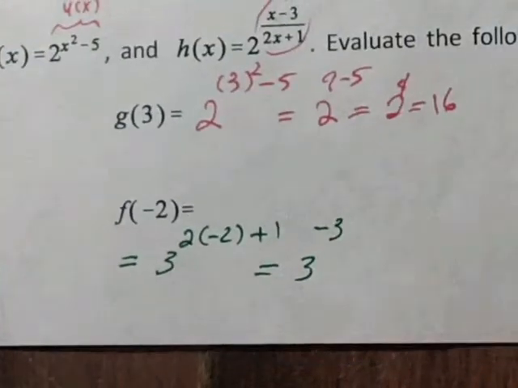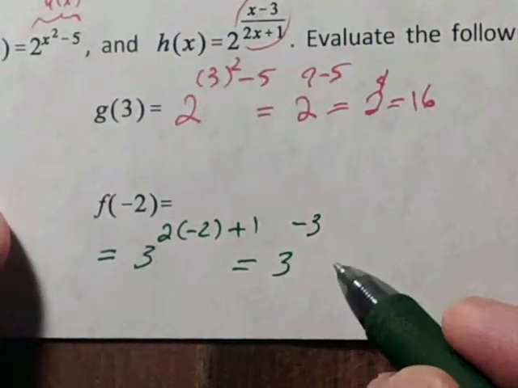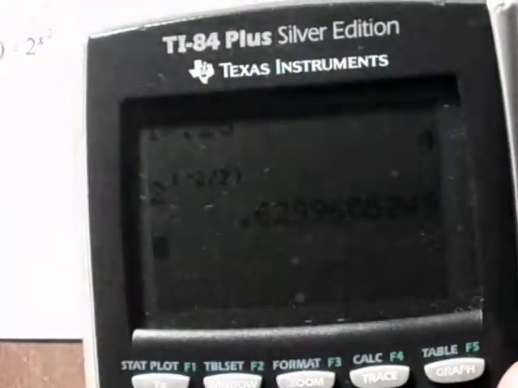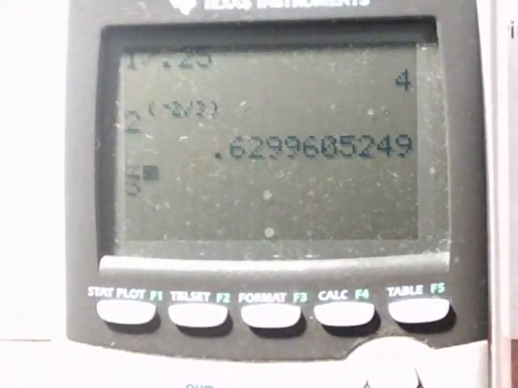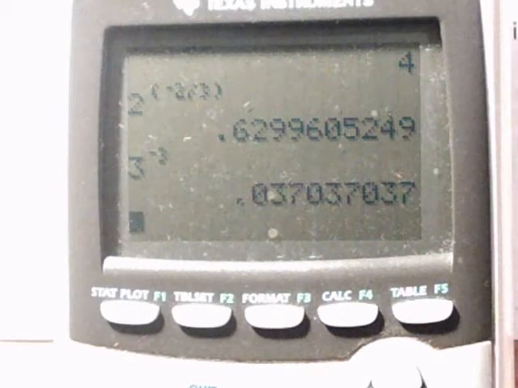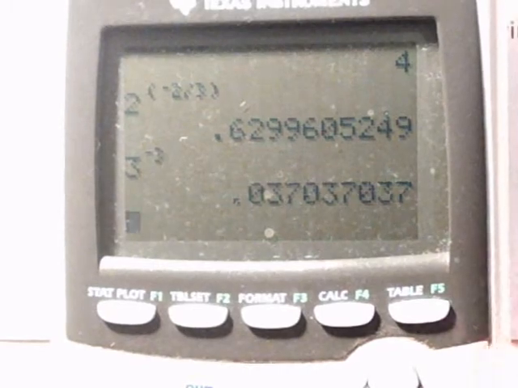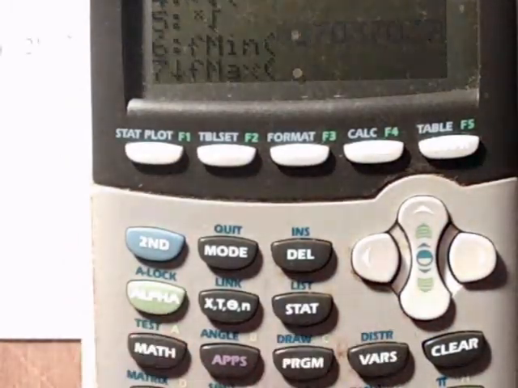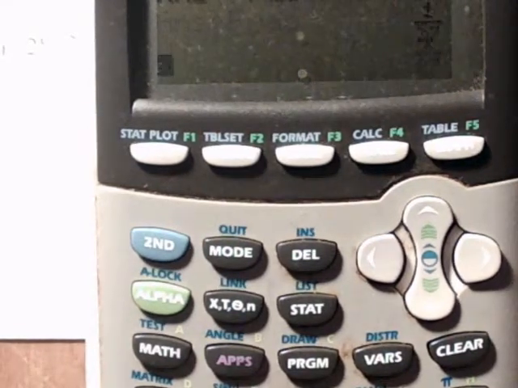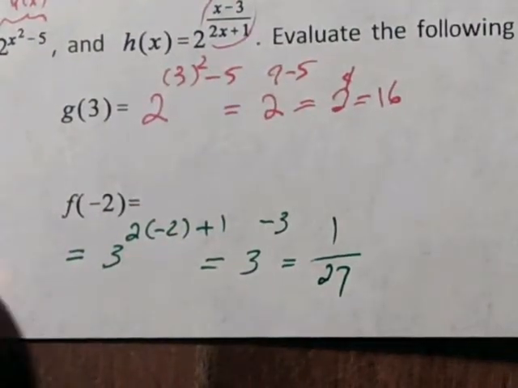Now if you want to do this directly with your calculator, you can write 3 to the power negative 3, like that. So you get that, and let's see if we can make it a fraction. So this is actually 1 over 27. This is equal to 1 over 27. The previous one, I don't know, maybe wouldn't work out that way.